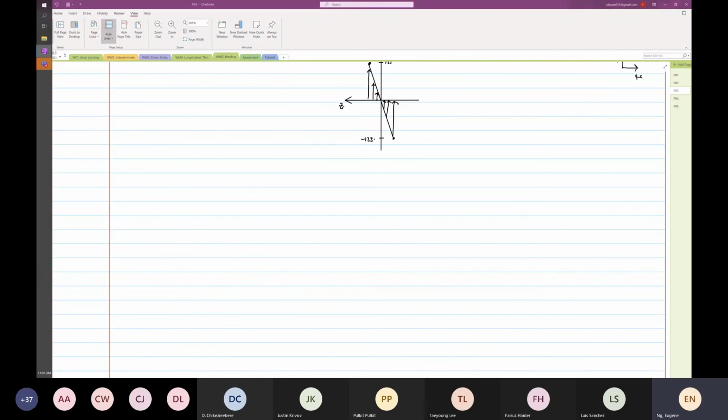What is symmetrical bending? What do we mean by symmetrical bending?